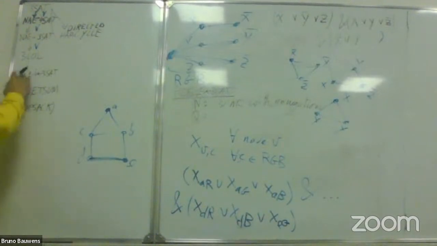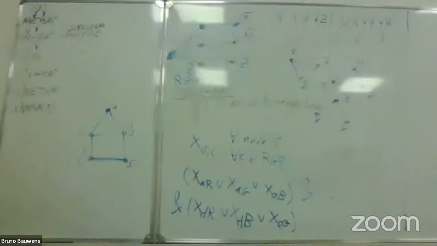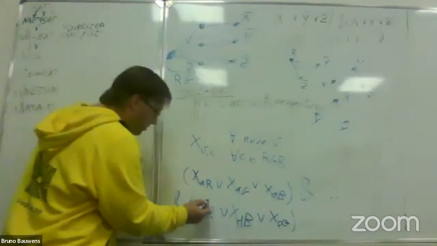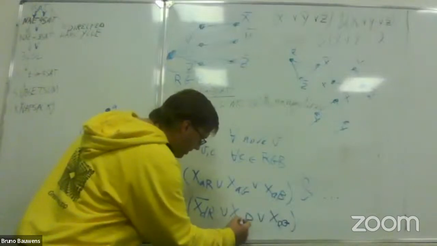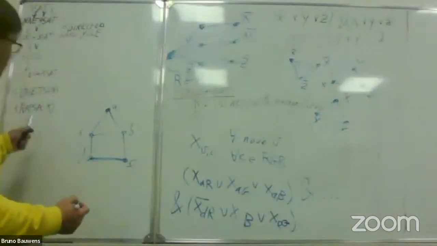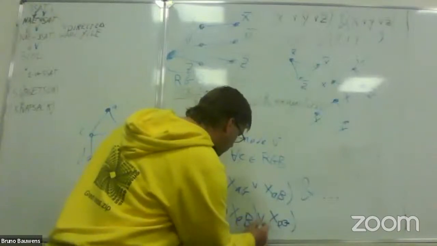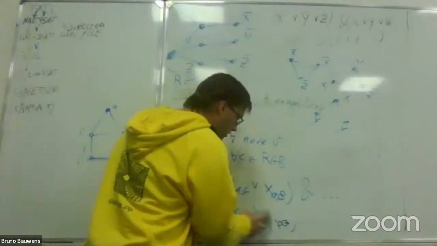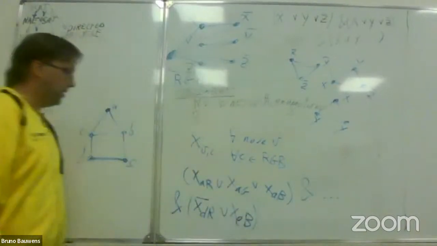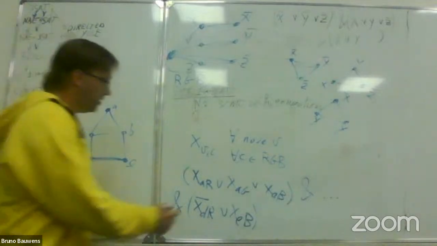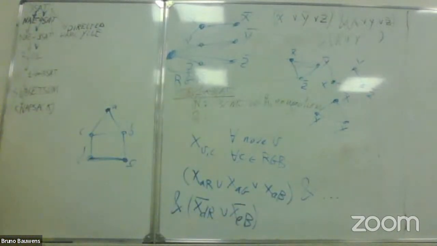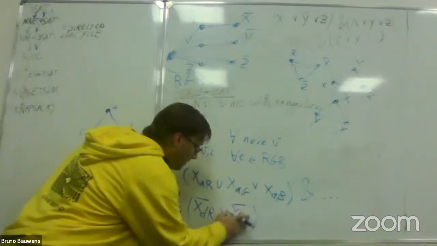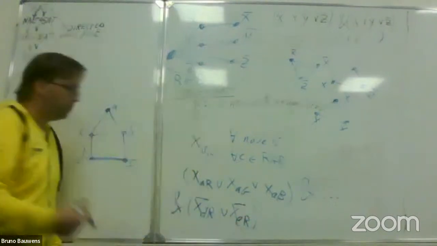Oh wait, let's drop the positive here. Then it's easy, because we can use the negated variables. If X_D,R and X_E,R, and then we do the same for blue and green.